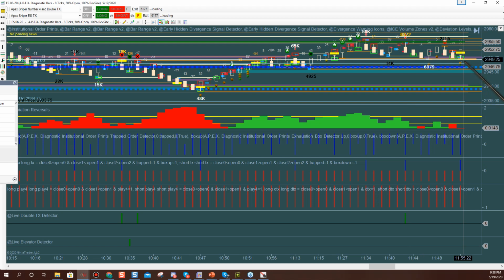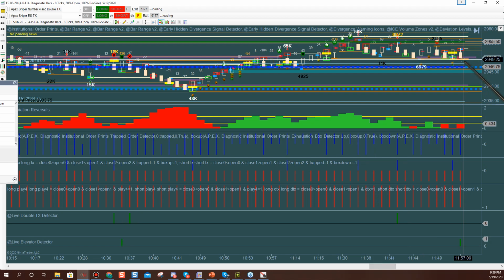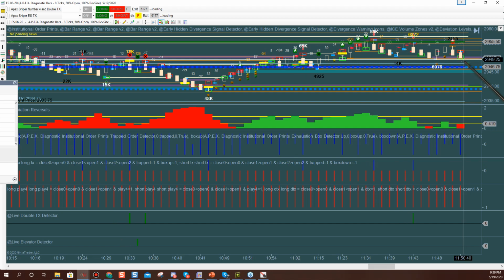Okay. And this is important because this is where you're going to get killed on these if you're not paying attention to this stuff. Yeah, I mean, was there a trend to reverse off of? It went down 3 bars, up 2 bars, down 3 bars, up 2 bars. Was there any trend to counter trend? Okay? This is what kills people.